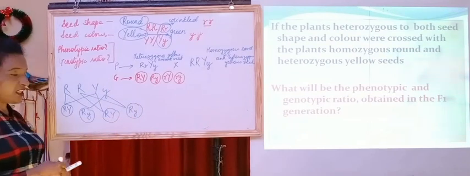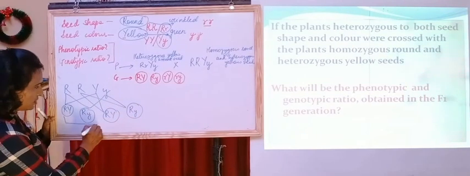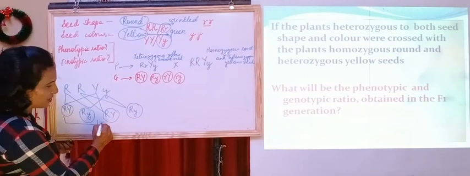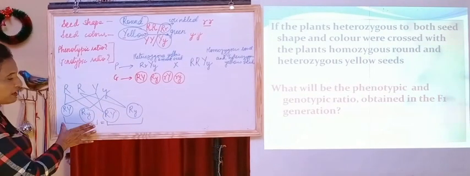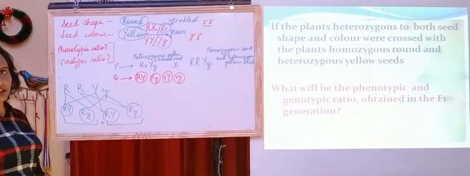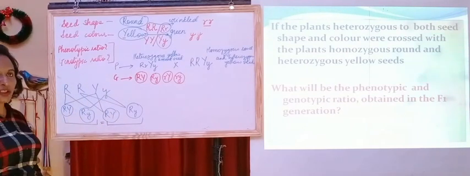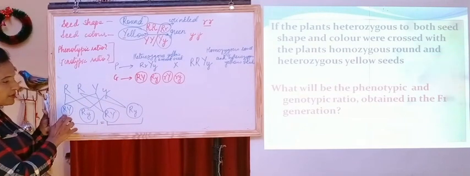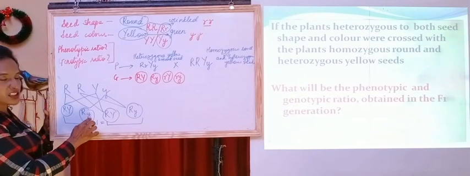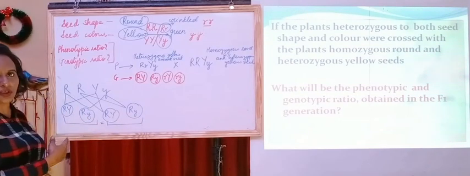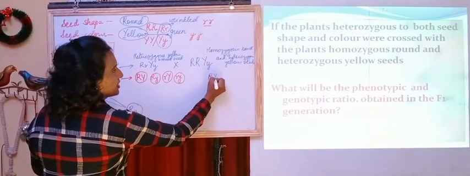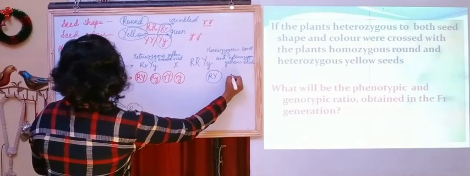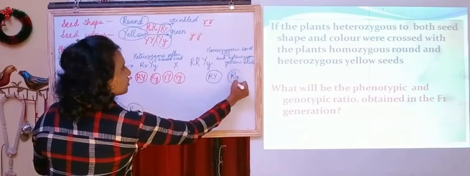So if you see here, these 2 gametes are similar to the other 2 gametes. So I will take any 2 gametes which are different from each other. Which one will I take? Capital R, capital Y and capital R, small y, because the other 2 gametes are also of similar kind.